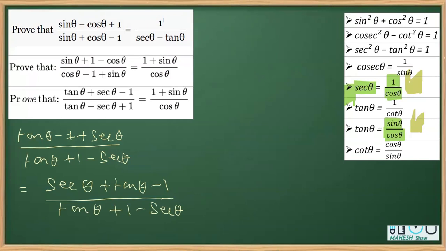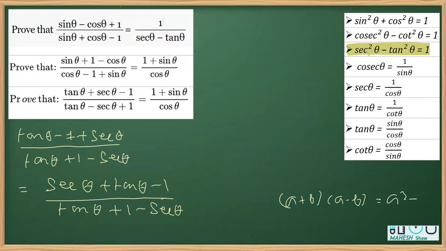Now, as you can see, we have to simplify, and we are going to apply this identity: sec square minus tan square is what? 1, right? So we have sec plus tan, and as you know, a plus b into a minus b is equal to a square minus b square. We are going to use this algebraic identity to resolve this.